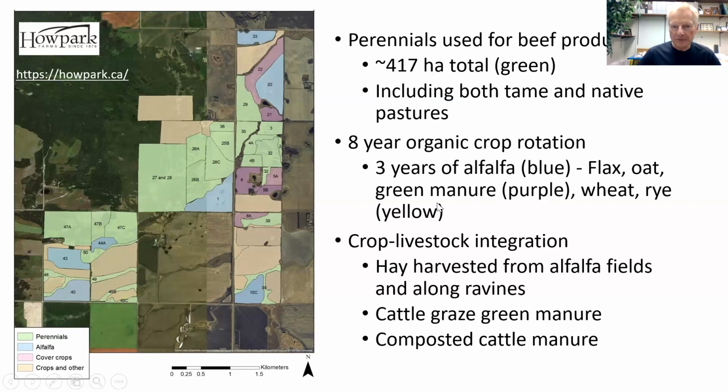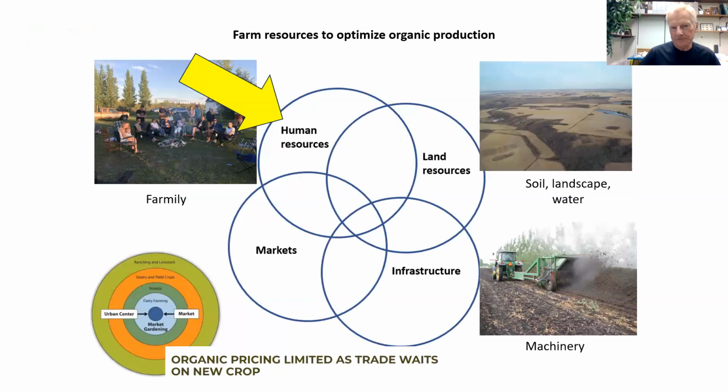And for example, the alfalfa is in blue, and you can see that here sprinkled throughout the farm. This is about a 2,000-acre farm. And there's also a grain rotation. So this is an example of how somebody has thought about a land base and used it for optimum production. Okay, the second resource that farmers have is the human resource.